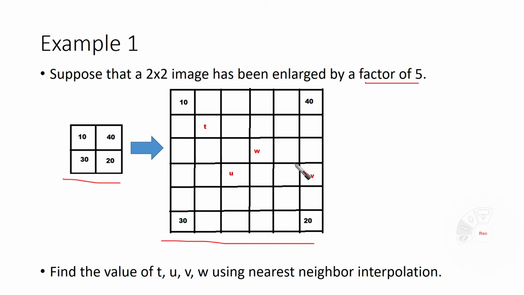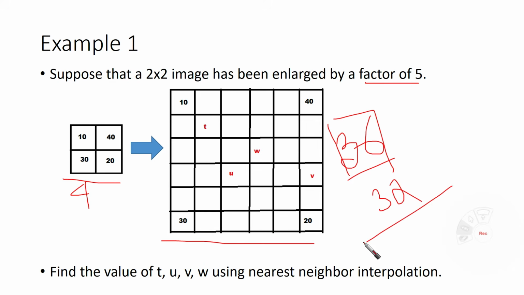So accordingly it has 36 pixel values, but here only 4 pixel values are given, and 32 values are missing. So we'll have to find those values.